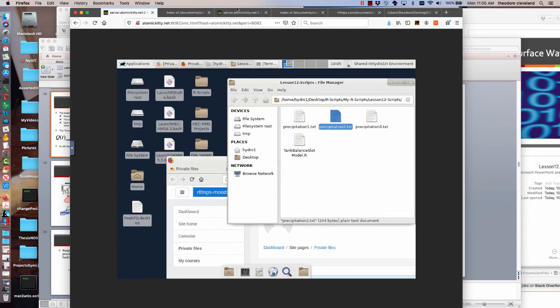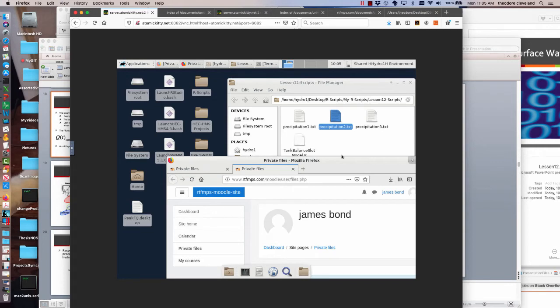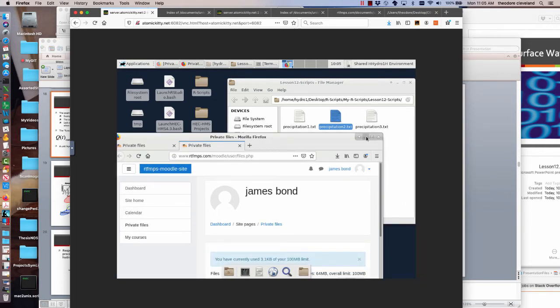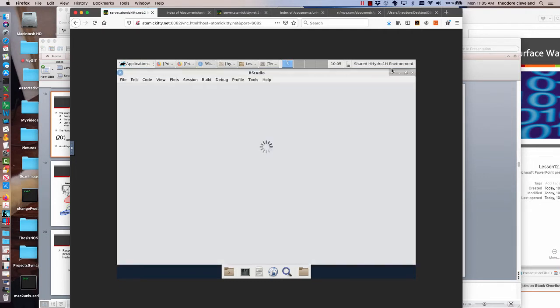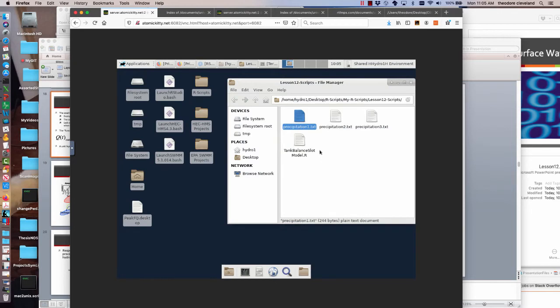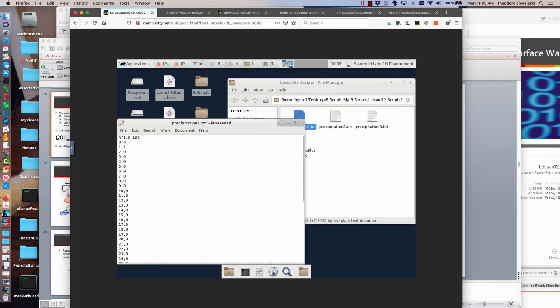So I've gone to our share space, if you remember how to get to that. We log into that, and I've already moved the files there. Let me shrink that. And I want to launch my R script. While that thing's deciding to launch, let's go look at our first input file.